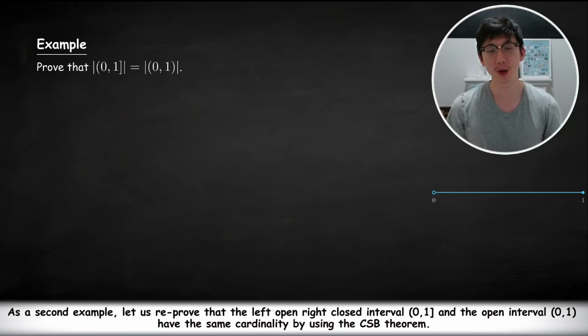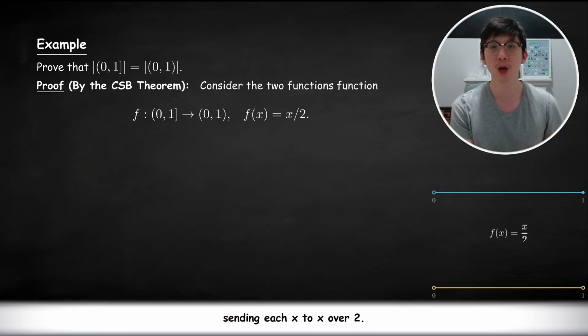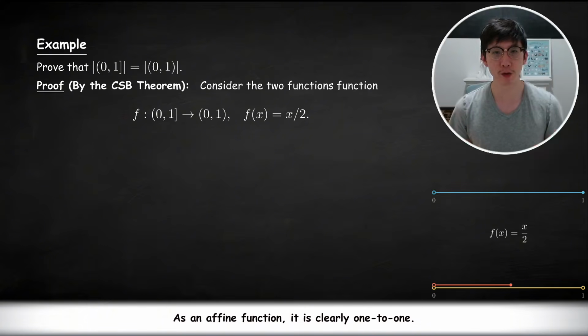As a second example, let us reprove that the left-open right-closed interval (0,1] and the open interval (0,1) have the same cardinality by using the CSB theorem. To start with, let us consider the affine function f from the left-open right-closed interval to the open interval, sending each x to x over 2. As an affine function, it is clearly one-to-one.